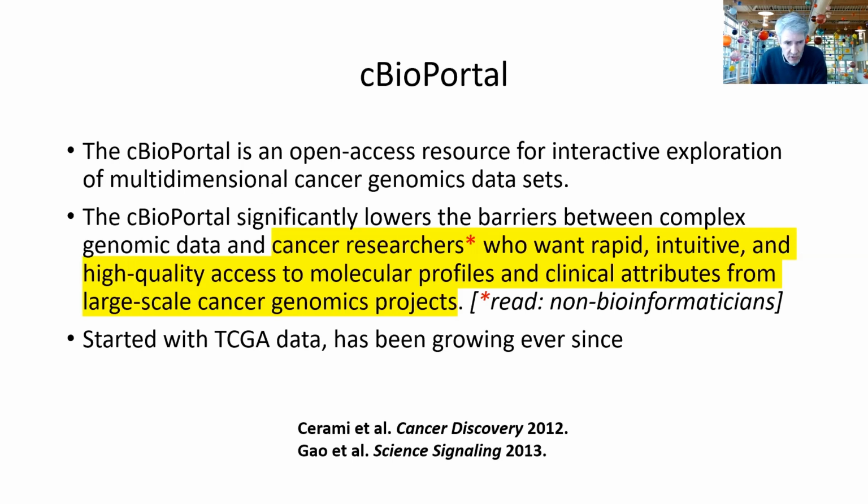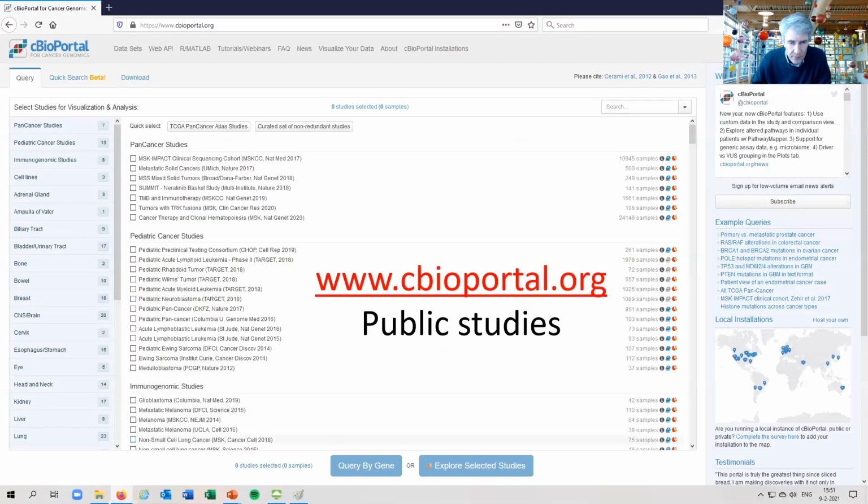And cBioportal originates from the Cancer Genome Atlas project. That is when the developers started to develop cBioportal with the purpose of accommodating data from the Cancer Genome Atlas. But if you now open the public instance, just go after this presentation, after the symposium today, to cBioportal.org, and you will find a long list of studies, and you can play around with all of these studies.